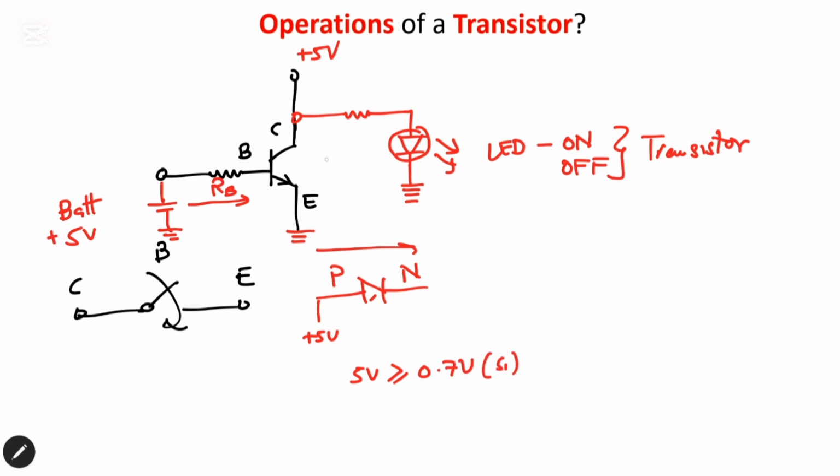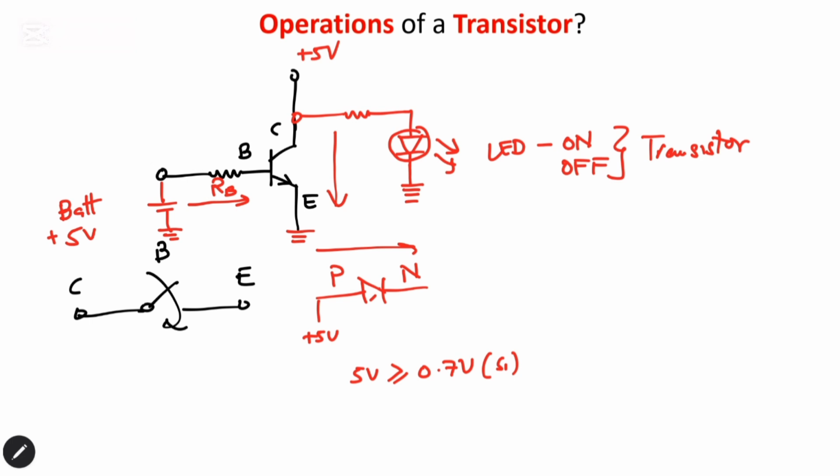And if this transistor is made of silicon material, then applying the battery at the base of the transistor in series now allows the current to flow from the collector to the emitter.